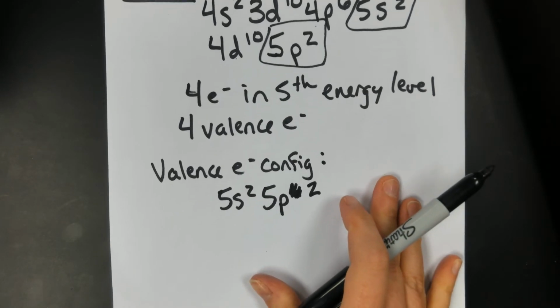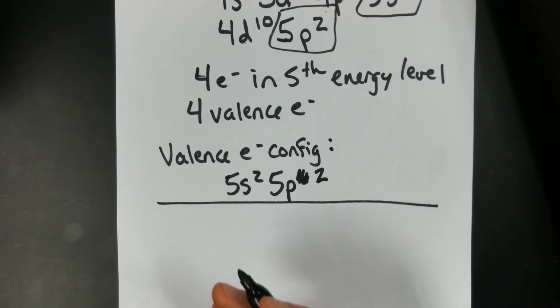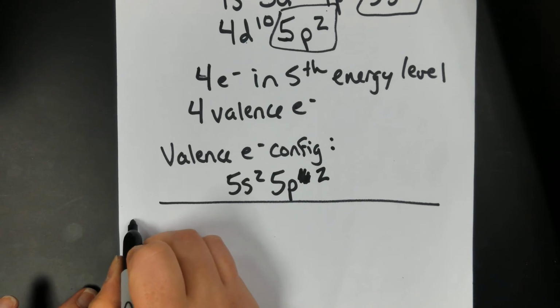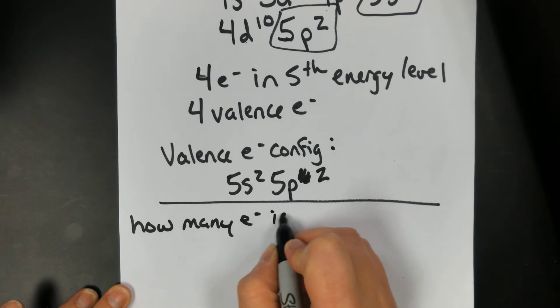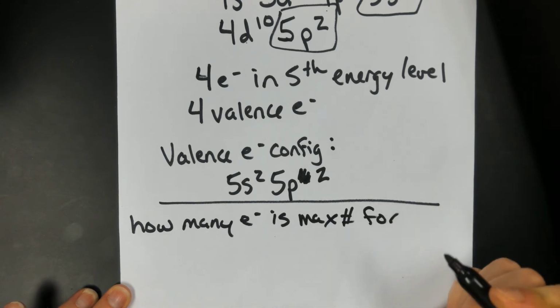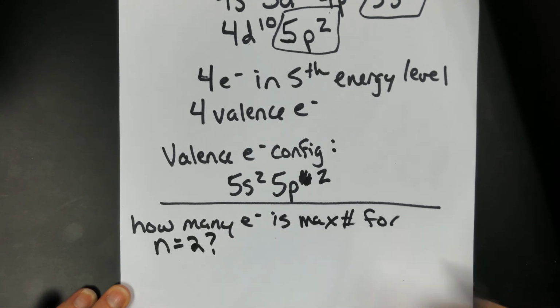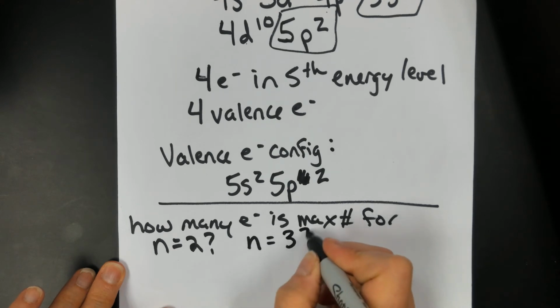We're going to do one more sample problem here, and it's a question that is asked on the homework often. I'm going to fly off the seat of my pants here. It could say, what is the maximum number of electrons for n equals 2, the second energy level, and how about for n equals 3?